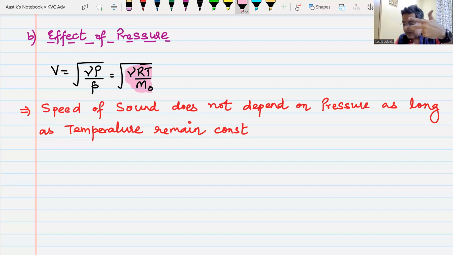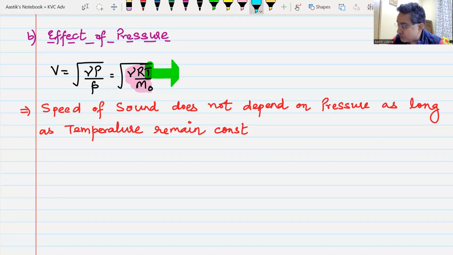All these three things are constant. The only variable in that blue thing, in that pink thing, is T. Yes or no? Yes, sir. T is the only thing that can change. Rest all are constant. Therefore, I said that speed of sound is directly proportional to temperature.